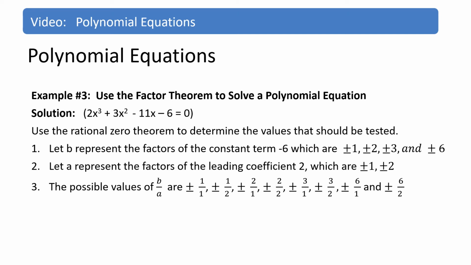This gives us a whole set of possible values of B over A combinations that we can then use to determine the appropriate factor.